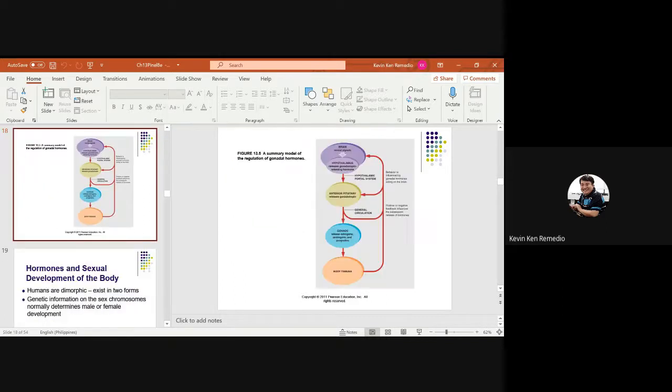Okay, kanila nga picture. So this is a summary model of the regulation of hormones. So as you can see, the brain releases the neural signals. Okay? So when the neural signals are released, adto dayon sa hypothalamus. The hypothalamus releases gonadotropin releasing hormone. Si gonadotropin releasing hormone class mo na siya mo ingon ni anterior pituitary nga dapat na siya mag-release sa gonadotropin.